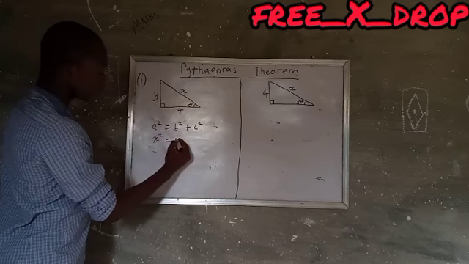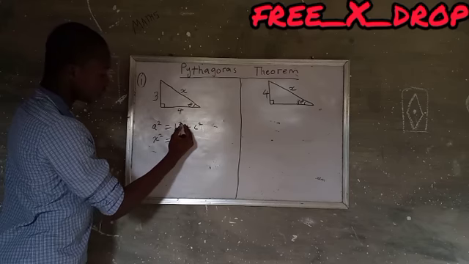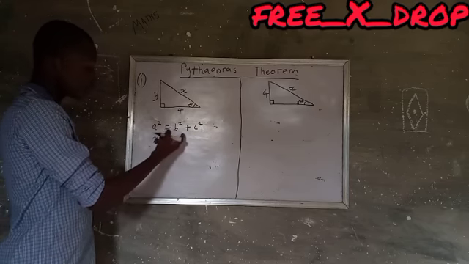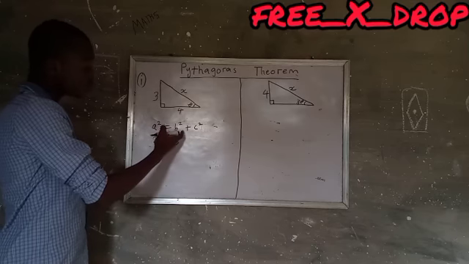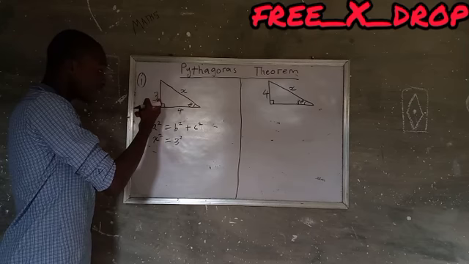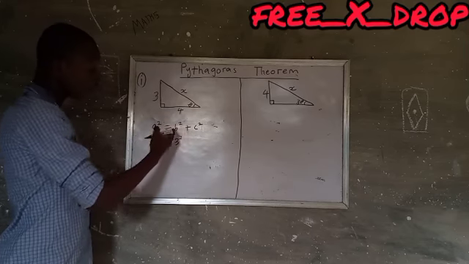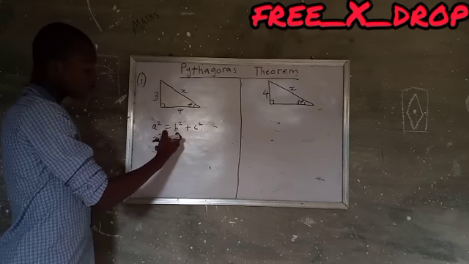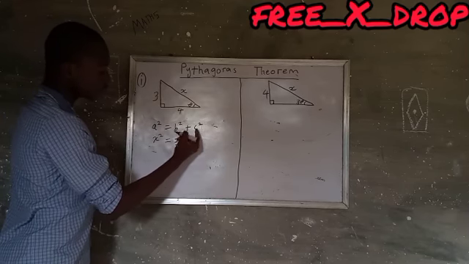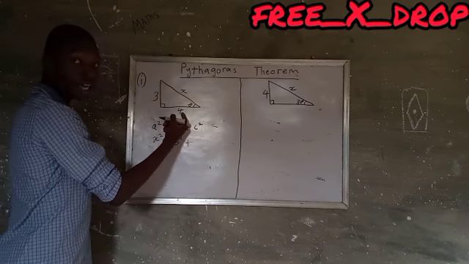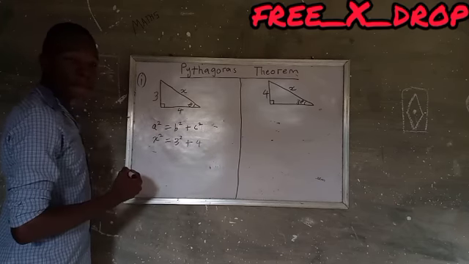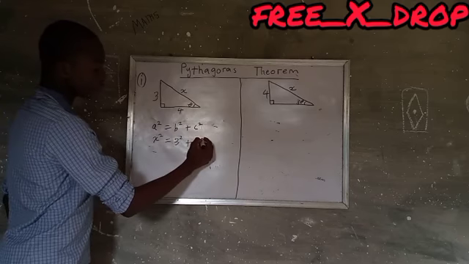So we put b is 3, then you put your square. Note, b square is not 3. It is only b that is 3. The opposite side is b, but in the formula you have to square it. So you put your b as 3 and then you put your square. Then plus your c. What's your c? 4, which is the adjacent. So you put your 4, and then you put your square.